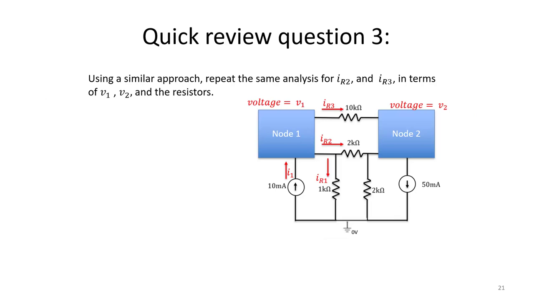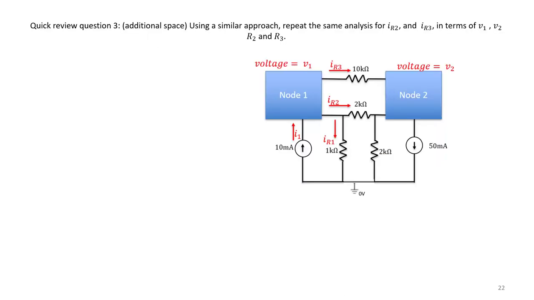Let's try one more question, kind of similar. Now I'm being asked to repeat the same analysis for IR2 and IR3. So I want to write an equation for IR2 and IR3 in terms of the resistors and voltage V1 and V2. So let's go ahead and consider first our current IR2.